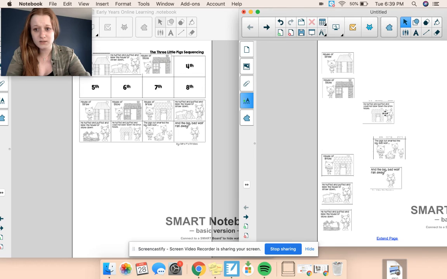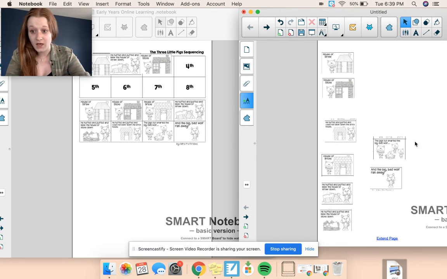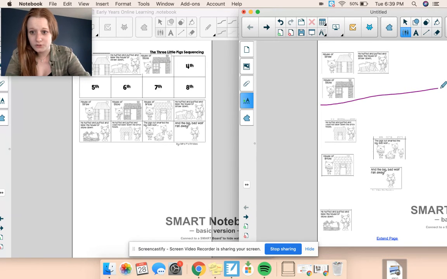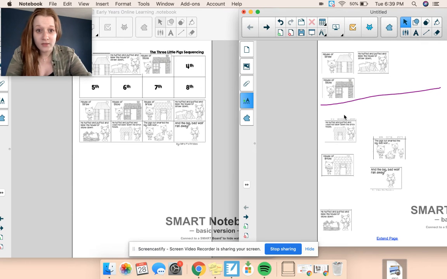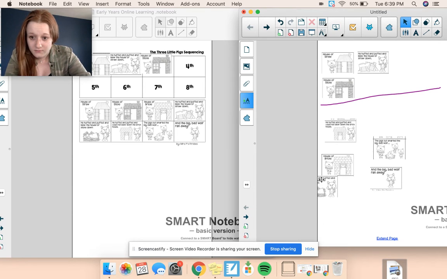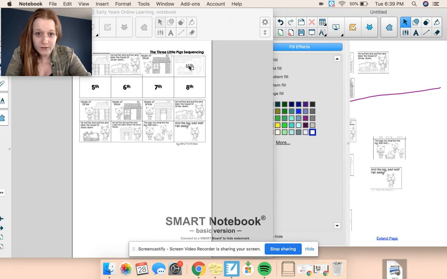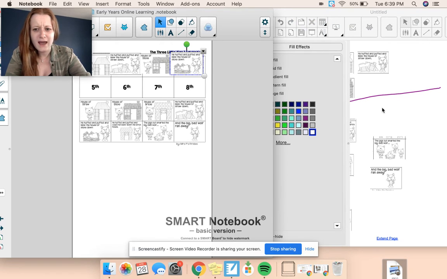What did he do to the house made of sticks? He huffed and puffed and blew the stick house down. So these are the ones we've used. Okay, let's just draw a little line here. Okie dokie. He blew down the house of sticks into a big pile. There we go.